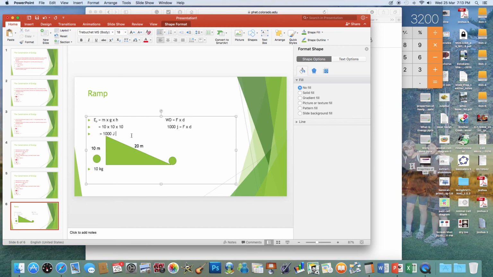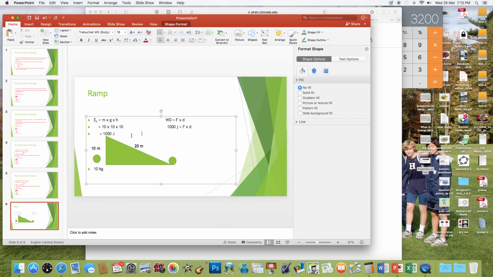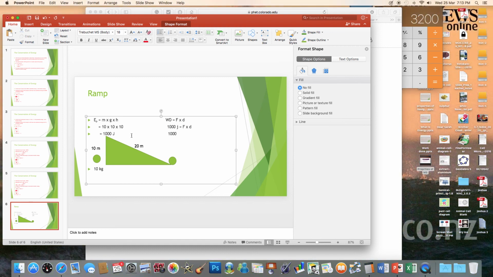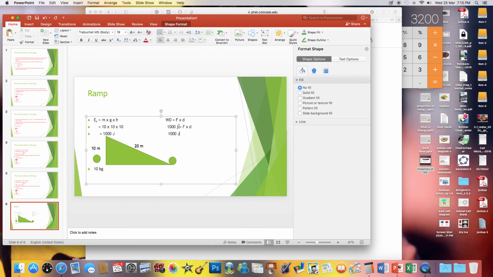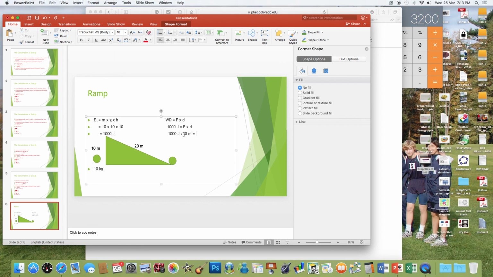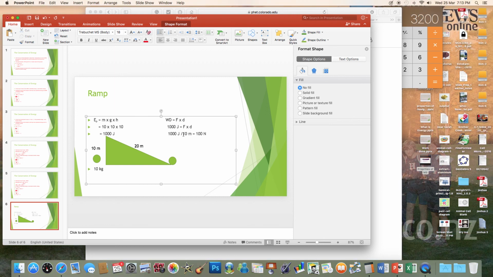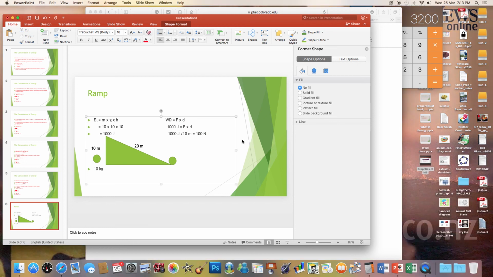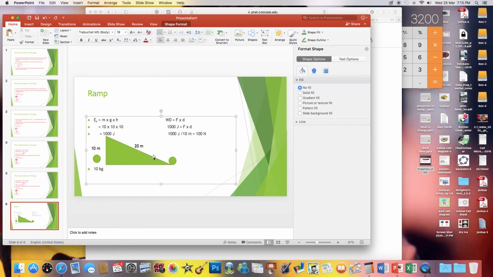So the force is going to be 1,000 joules divided by 10 meters, and that's going to equal 100 newtons force. So the guy lifting it straight from there to there has to be a pretty good weightlifter, because he's going to use 1,000 newtons.